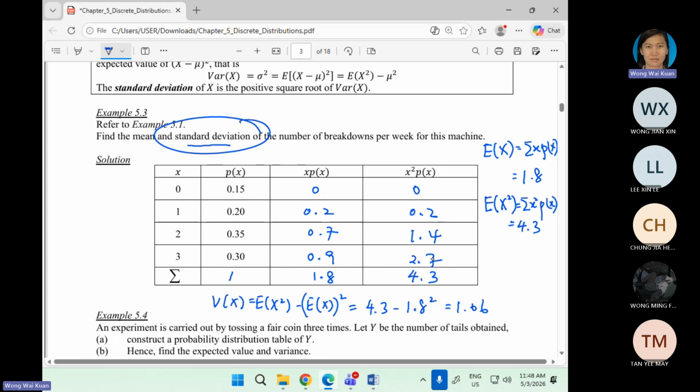Standard deviation is the one with a square root, right? So I get 1.029. Don't need to round.